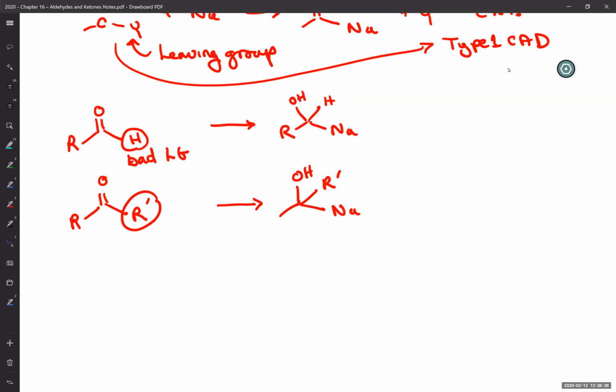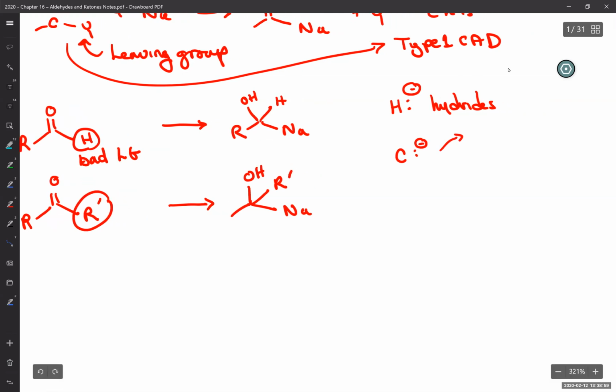So really what we're looking at in this group is hydrogen nucleophiles, these are hydrides, and carbon nucleophiles. We're going to be looking at things like Grignard. This is where we start bringing a lot of the organometallic stuff in. This will be Grignard.